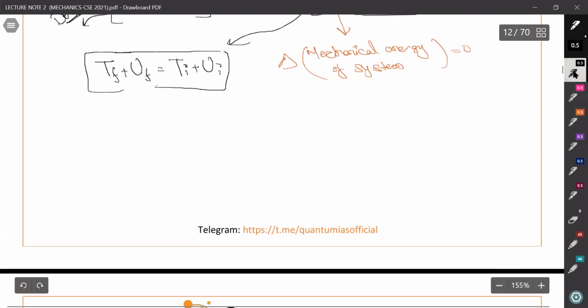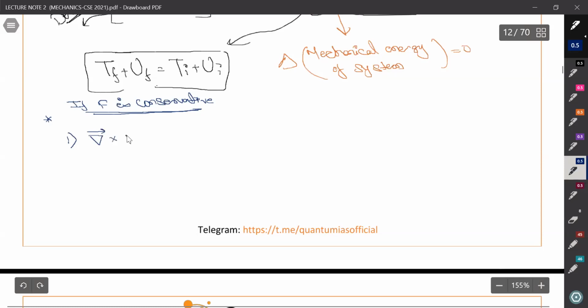Also, some very important points. Okay. If F is conservative, then all of these things will become true. The first thing is the curl of the function will be 0.